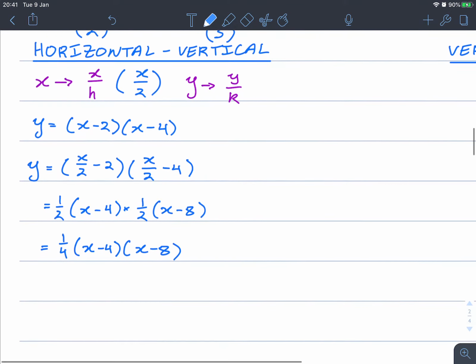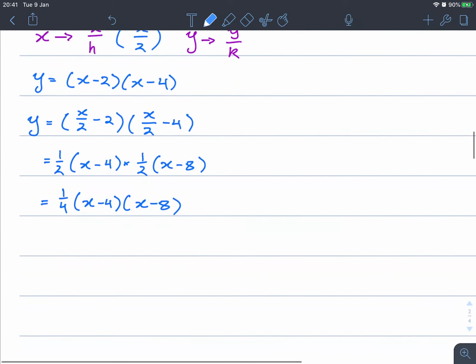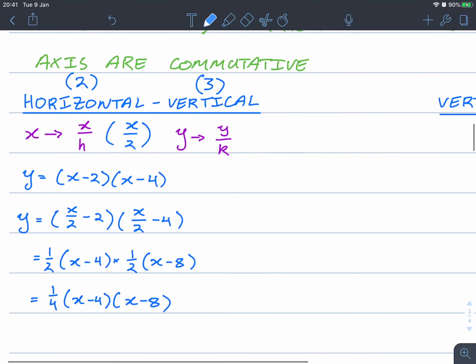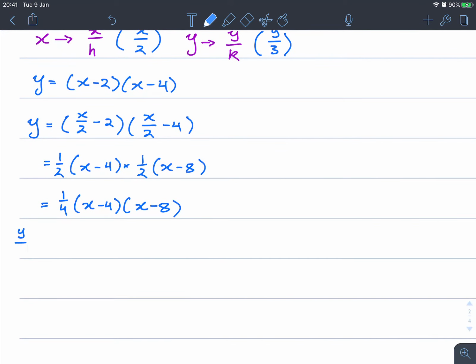And now if we dilate on the vertical axis, we're going to replace y with y over k, in this case by a factor of 3. So we're replacing this with y over 3. So y over 3 is now equal to 1/4 (x minus 4)(x minus 8).